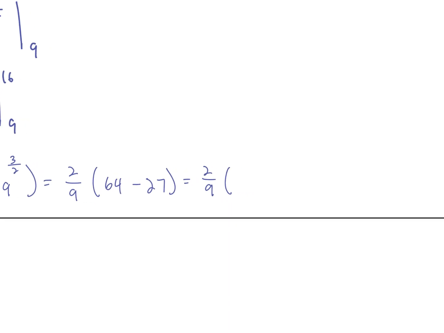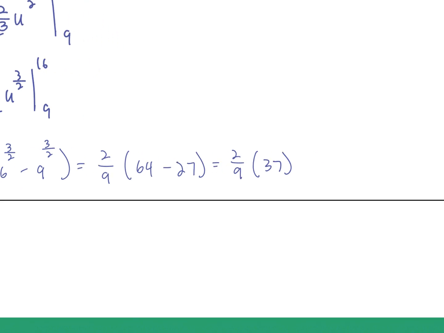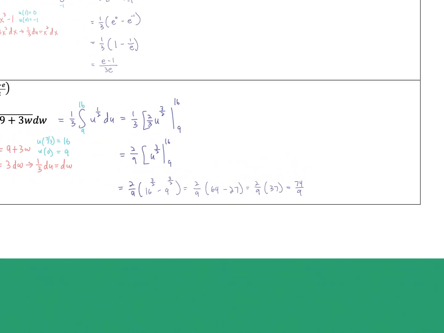So 64 minus 27 is 37. Is that right? Yeah, I guess so. Then we'll do just 2 times 37, and that should be the most simplified, over 9.